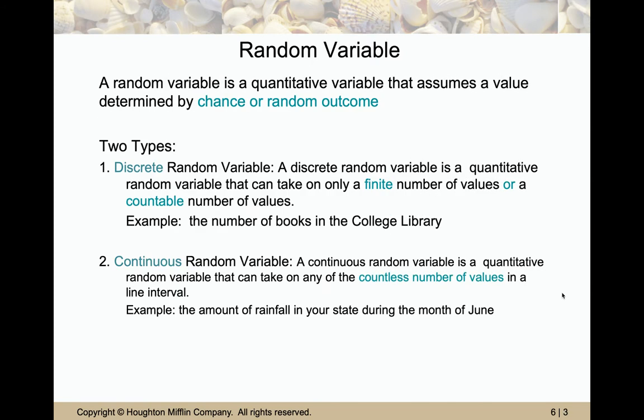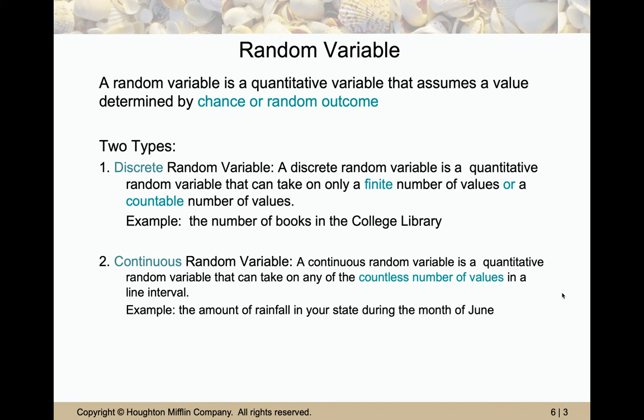A continuous random variable is a quantitative random variable that can take on any of the countless number of values in a line interval. So the amount of rainfall in your state during the month of June would be a continuous random variable.